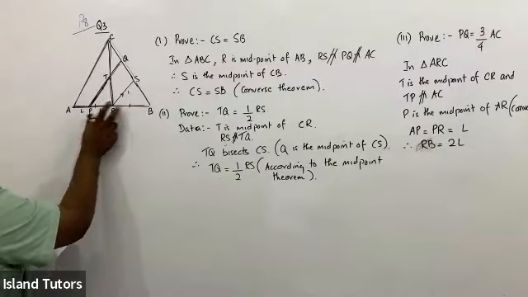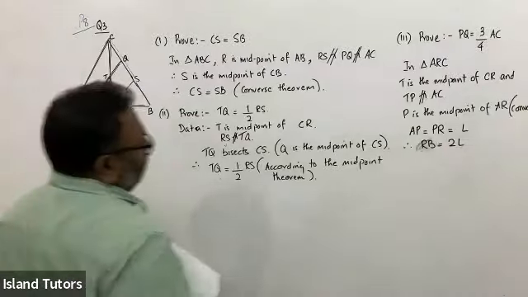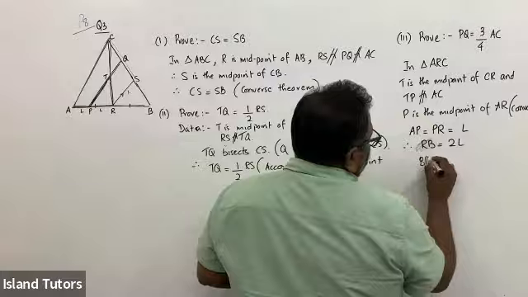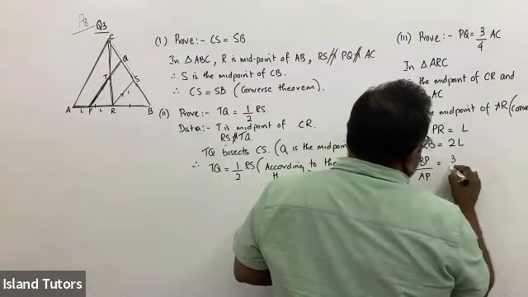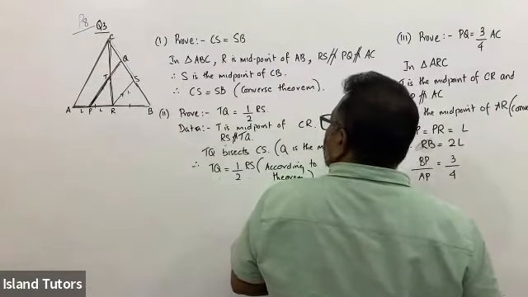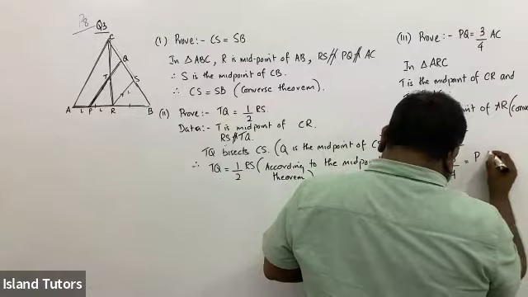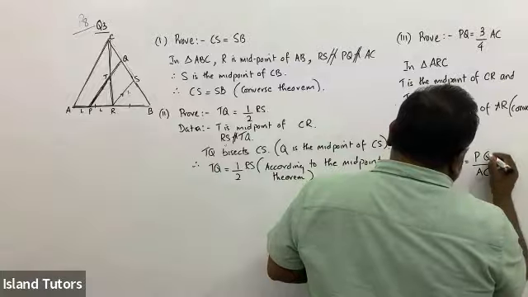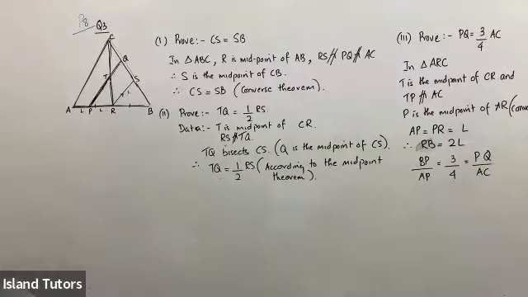So BP is to AP, we'll take it as ratios. BP is to AP, which is 3 is to 4. Okay, is it to PQ over AC. Right, I'll explain it to you, don't worry. Okay, AP is equal to PR is equal to L, RB is equal to 2L.